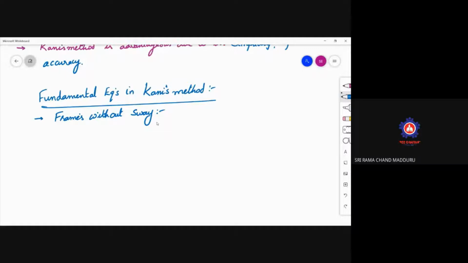We already know that frames will not sway when the loading is symmetrical, as well as when the displacement in the horizontal direction is restrained. So the frames don't sway in the following cases.